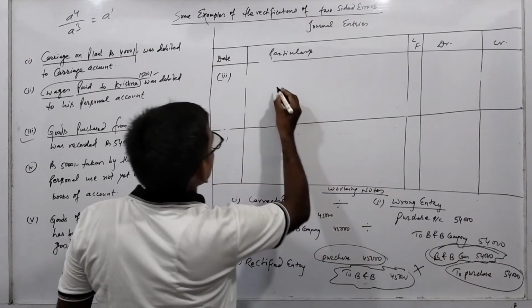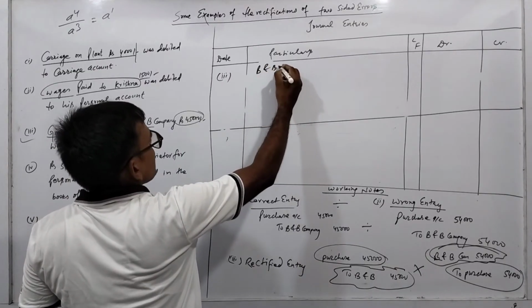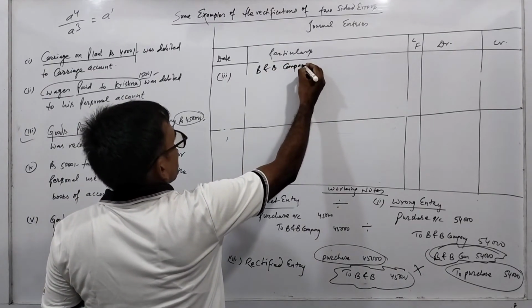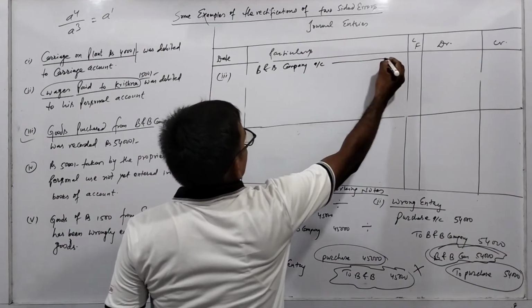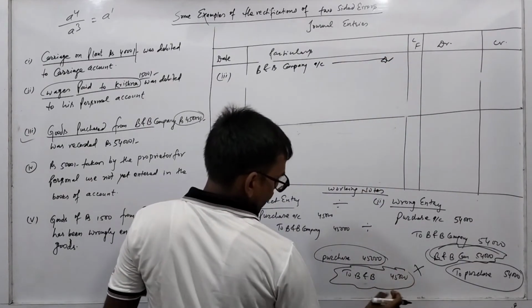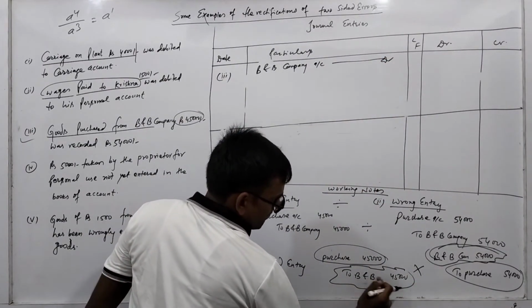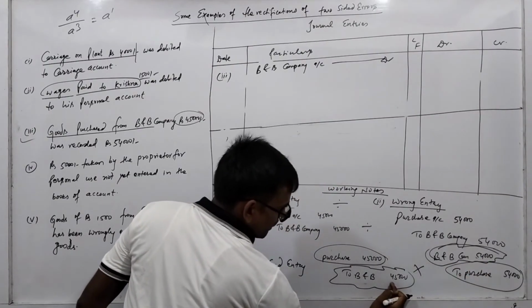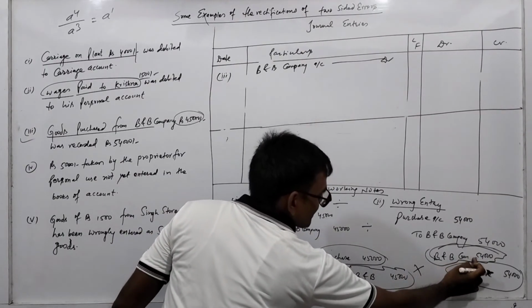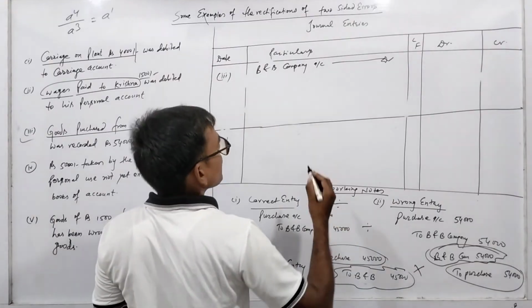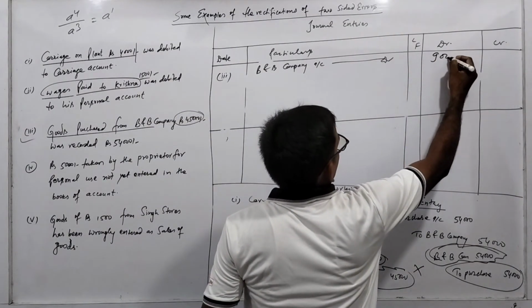You have to write here B and B company account DR by 9,000. See that B and B company here 54,000, here 45,000. The 9,000 is excess there, so you have to write here 9,000.